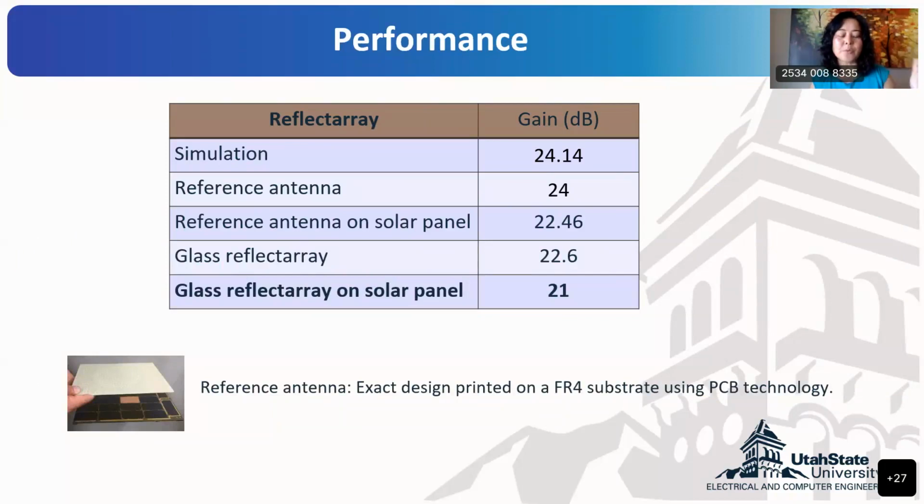We are still looking at 2 to 3 dB gain reduction, but the overall realized gain is more than 20 dB, which made our system engineer quite happy. And the antenna is 95% transparent, so the blockage on the solar panel is less than 5%. Actually, it's less than 3%, because we don't block everywhere uniformly.